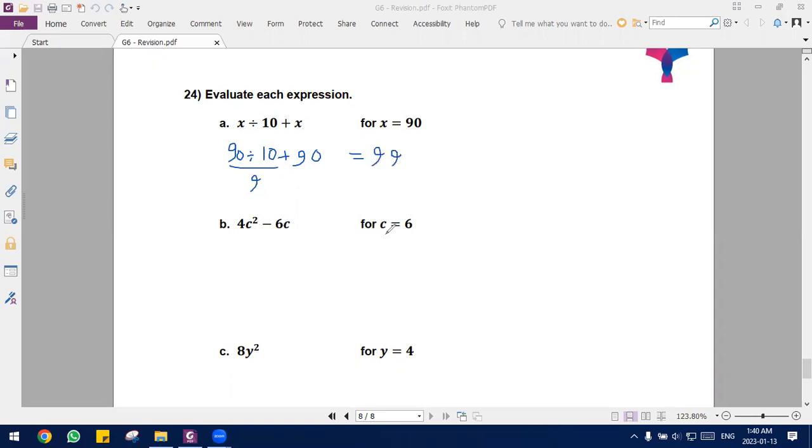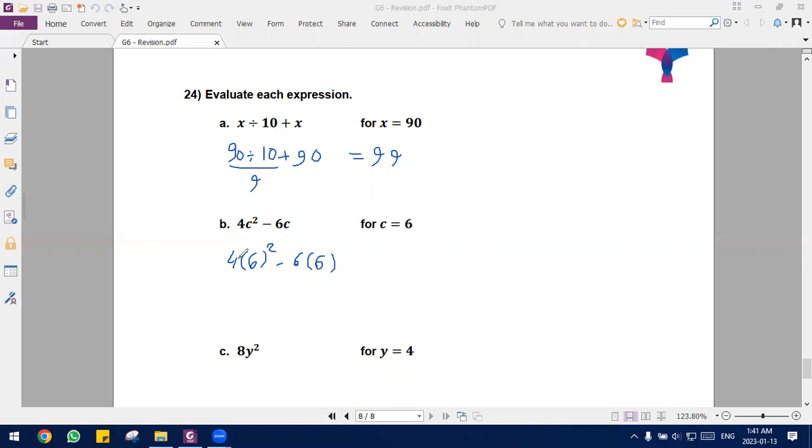Part B, we need to change C by 6. So it's 4C. But when we say 4C, it means 4 multiplied by C. So I write it in bracket, so I don't forget that it's multiplication. Instead of C, I put 6 to the power of 2, because C to the power of 2, minus 6 multiplied by C, which is 6 again.